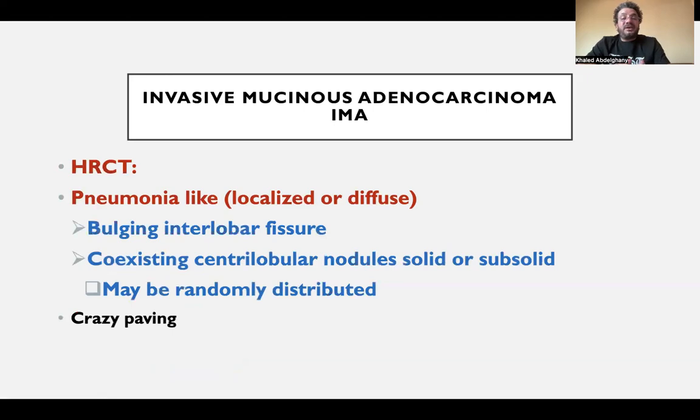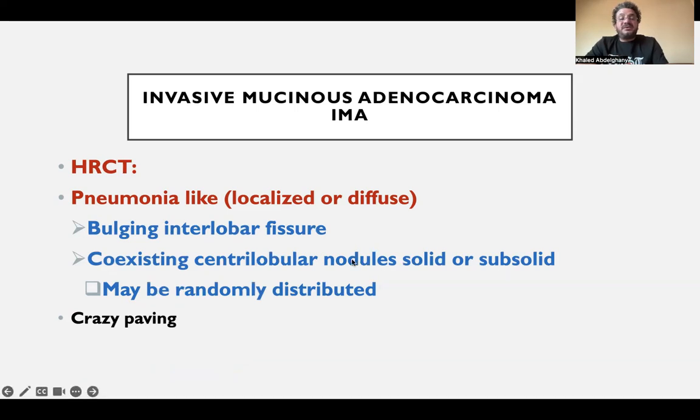Beside the pneumonia, it can cause bulging of the interlobular fissure, but this is not specific also. It can happen in Staphylococcus aureus or Klebsiella infection as well. There could be coexisting centrilobular nodules, solid or subsolid nodules, meaning soft tissue with a halo of ground glass density.